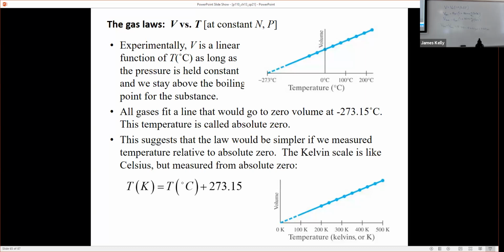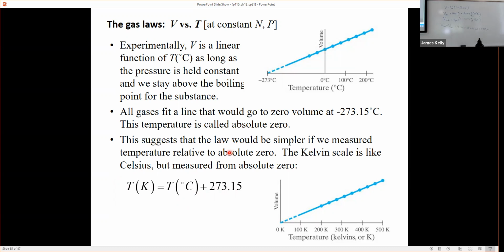So we're going to define our new SI temperature scale to be temperature measured in Kelvin. And Kelvin temperature is just the same spacing as degrees Celsius temperature, but you add on 273.15 to it. So 0 degrees Celsius, which is the freezing point of water, is 273.15 Kelvin in that scale.